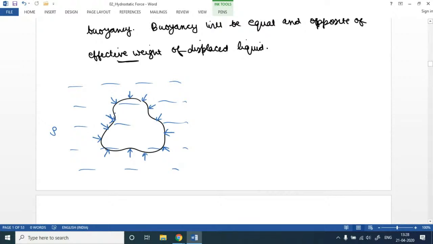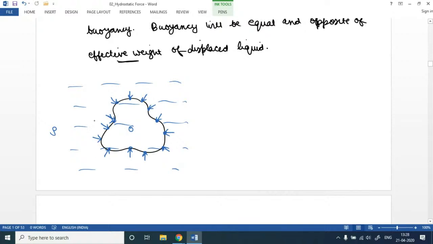So in the very first theory which I had discussed, at all the points on this surface here, a pressure profile is going to be created, and that pressure profile will only be due to liquid. Whatever is inside, whatever this material over here is, I'm not interested in that.